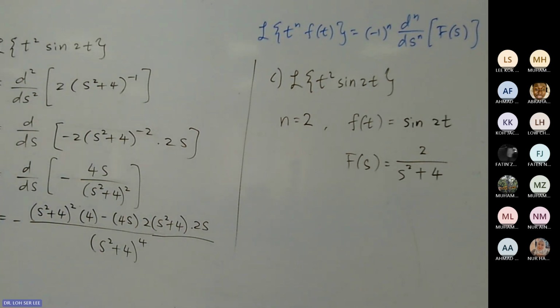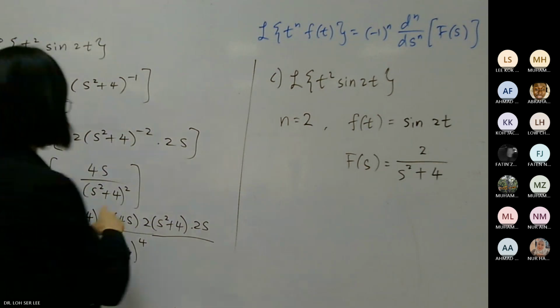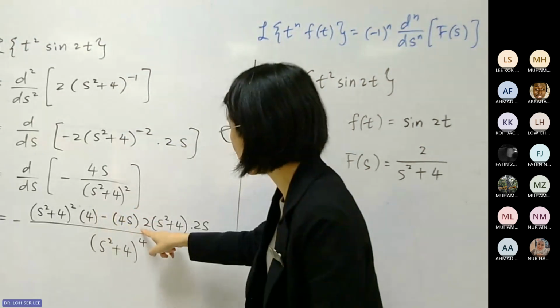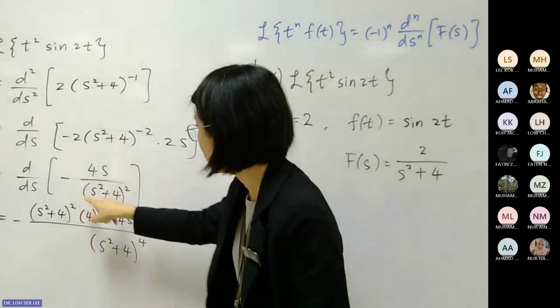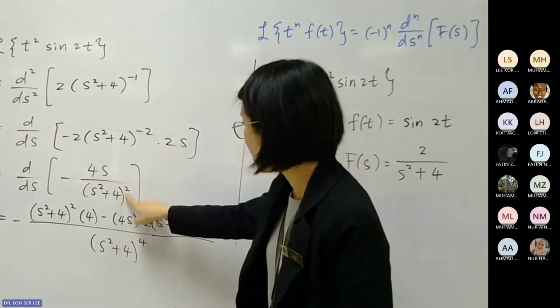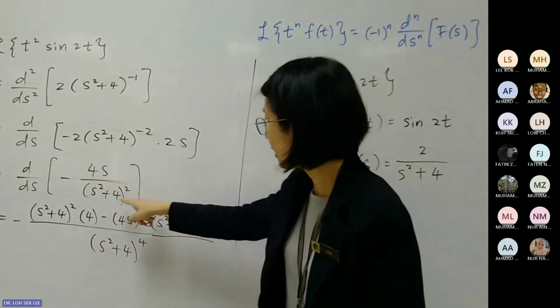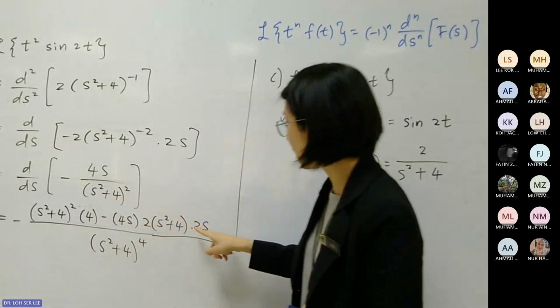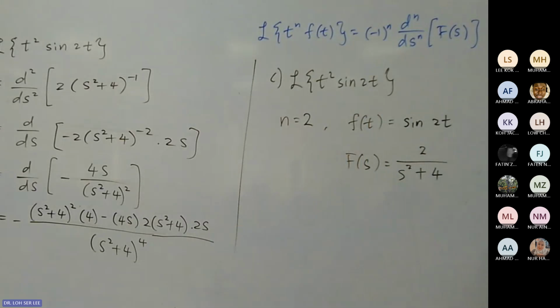After you square one more time, you get power of 4. When you differentiate this, you get this one: 2, and then this one has power of 1 after -1, then you differentiate this one, you get 2s. Okay, then simplify.